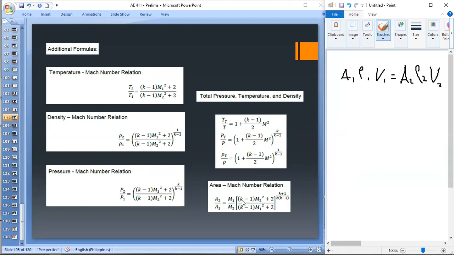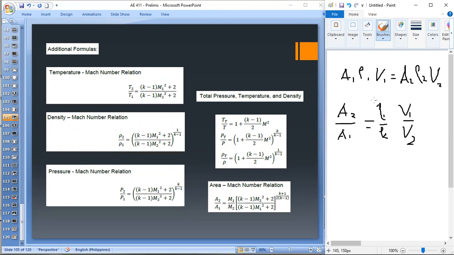So, equate mo lang yan, sinabi dito na area 2 over your area 1. So, basic algebra, lipat mo lang siya, divide mo siya sa area 1. So, makakuha mo yung density 1 over your density 2. Then, we have velocity, which is V1 over V2.